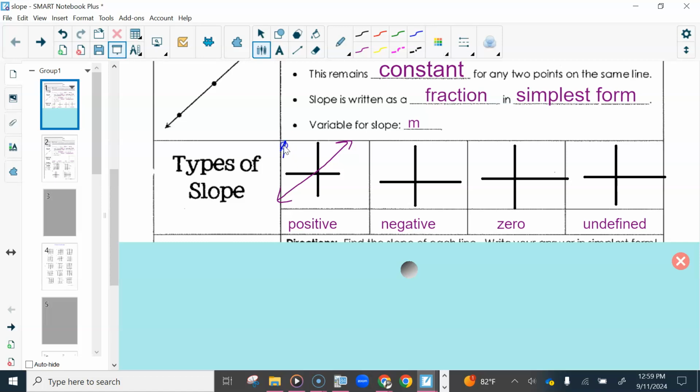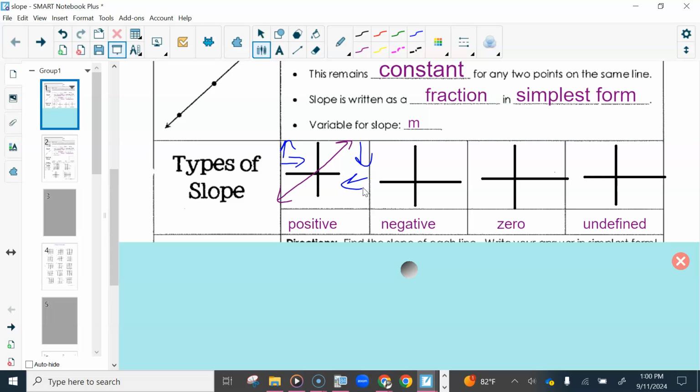So this is going up and then to the right. So that would be some positive direction over some positive direction. Up and right are usually positive directions. But I could also look at it the opposite way. I could look at it right to left, and this would be going down and to the left. Down and left are usually negative directions. And if I have a negative over a negative, it's still going to give you a positive. So you can go either way.